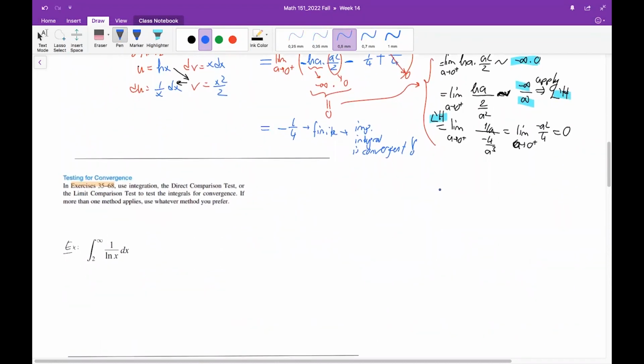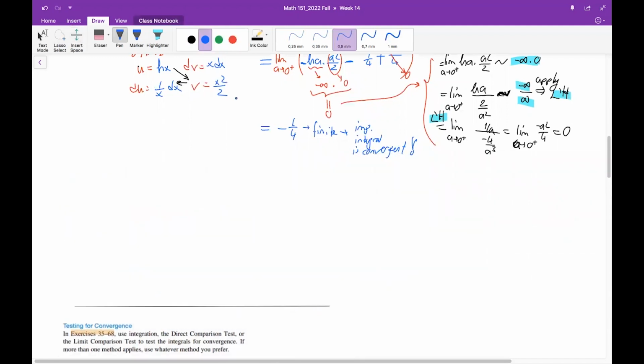Okay, let's move on. Let me also invent here one more example that has a discontinuity at the middle point of the given interval. Okay, let's also try this one. The integral from 0 to 2 of 1 over 1 minus x squared dx. At first sight, it seems like a very nice normal definite integral, but we have to be careful.